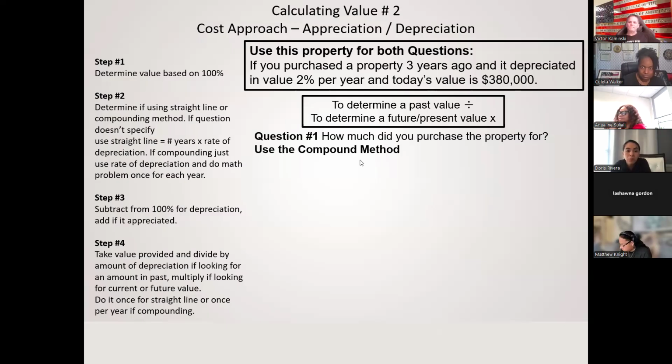Minus 2%. There you go. 100% minus 2%, that's 98%. And then walk me through it. Then what?